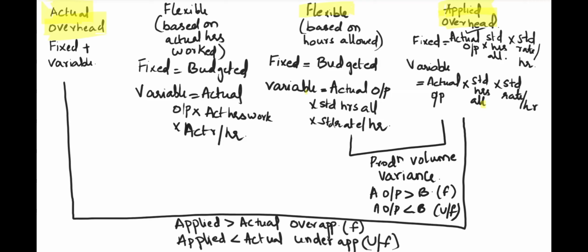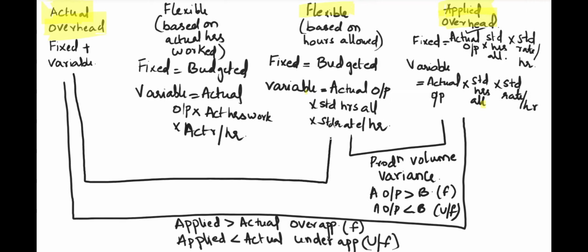If you take the difference between actual overhead and the flexible budget based on hours allowed, this is called the flexible budget overhead variance. This is from the goal of minimizing costs.